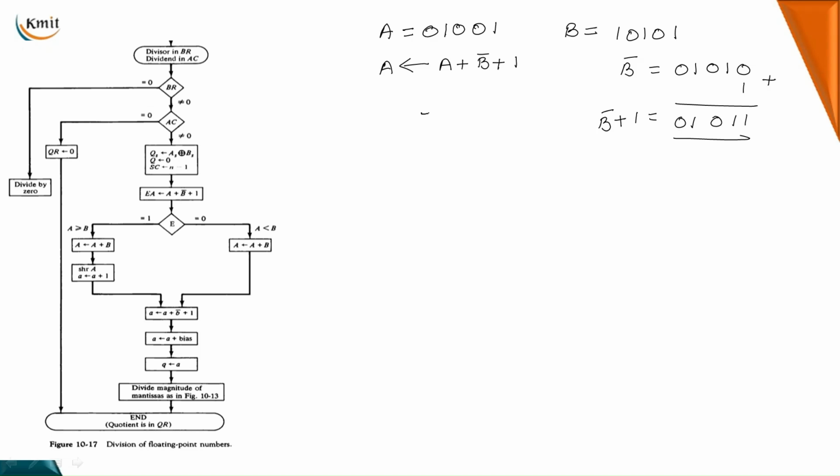So now add 01001, this is your A, and B complement plus 1, 01011. So when you add both of them, it becomes 10100. This will be stored in capital A.